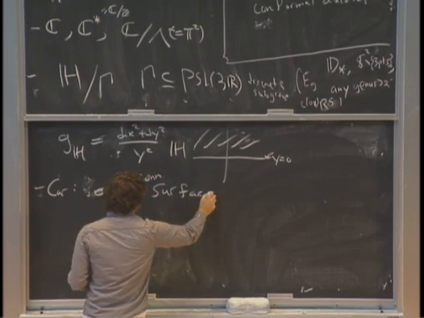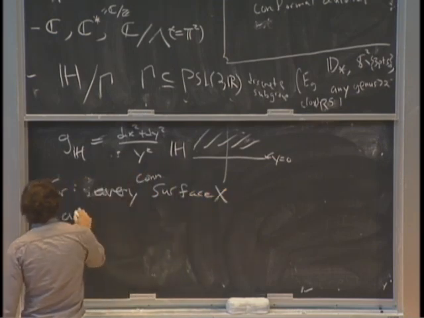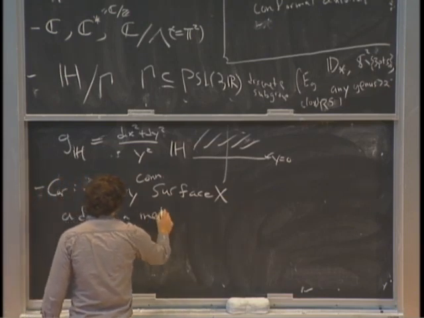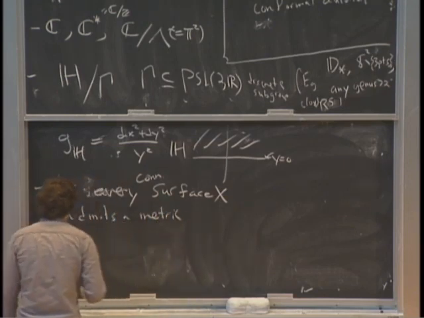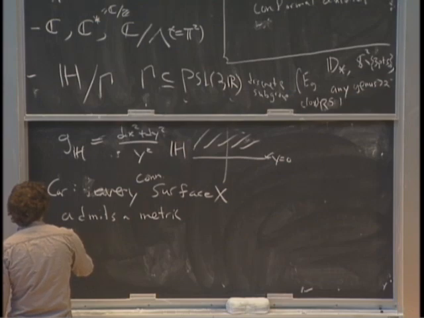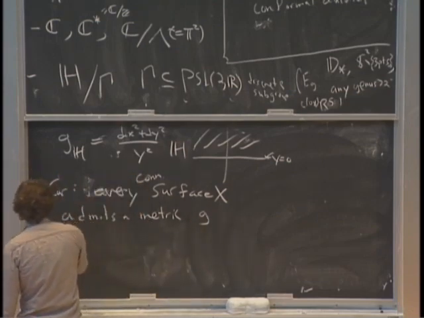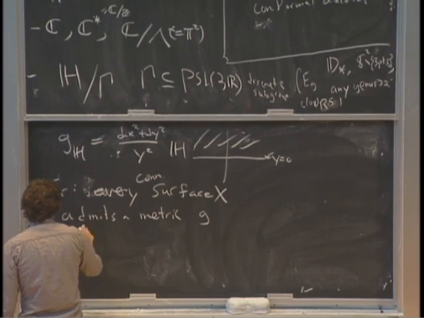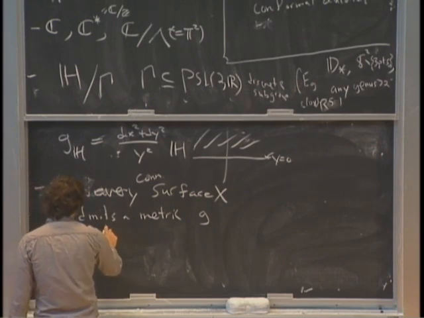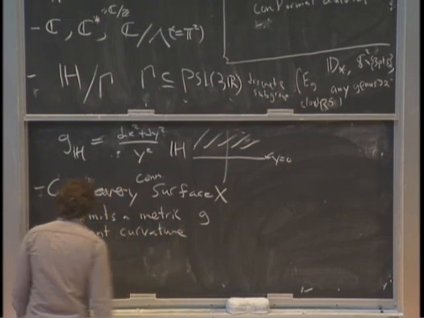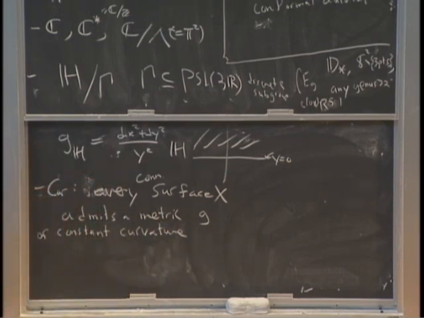X admits a metric G of constant curvature. It's not necessarily unique.